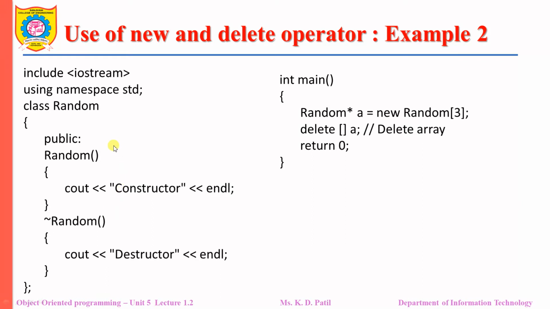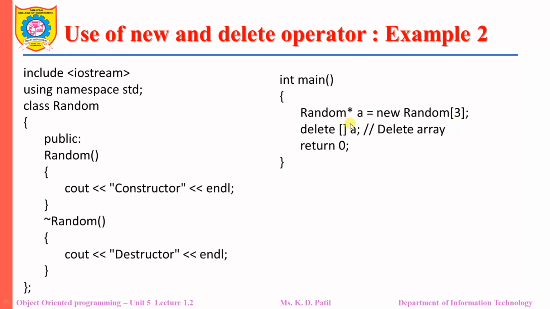Here I am using a constructor and destructor to initialize the object and to destroy that object. Now here I have created an array of objects. I have used the new operator to create an array of objects of a class random.